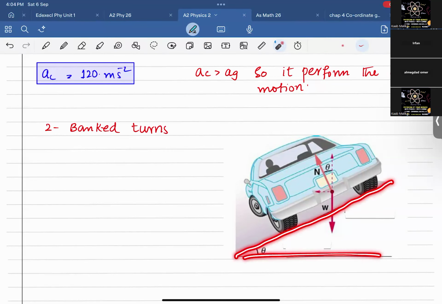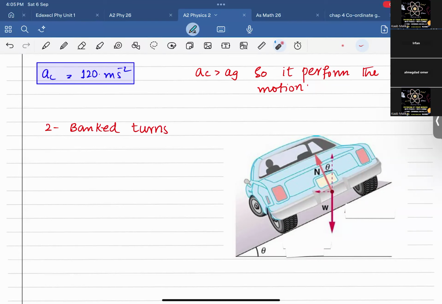The reason is that when you take a turn, the friction between the tire and the road provides the centripetal force to your car.